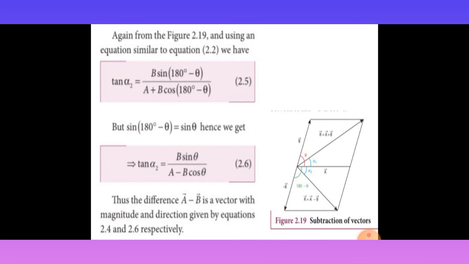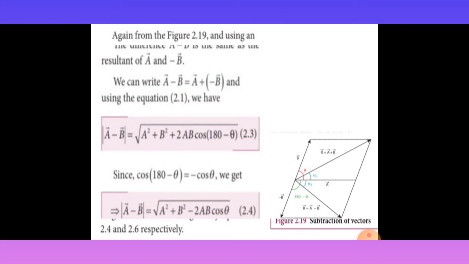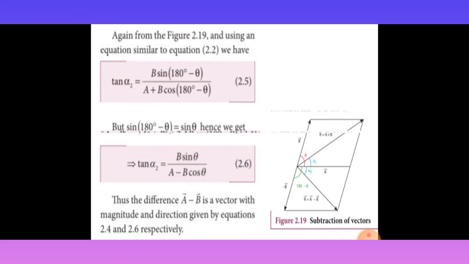Again from the equation, we can calculate the value of alpha.